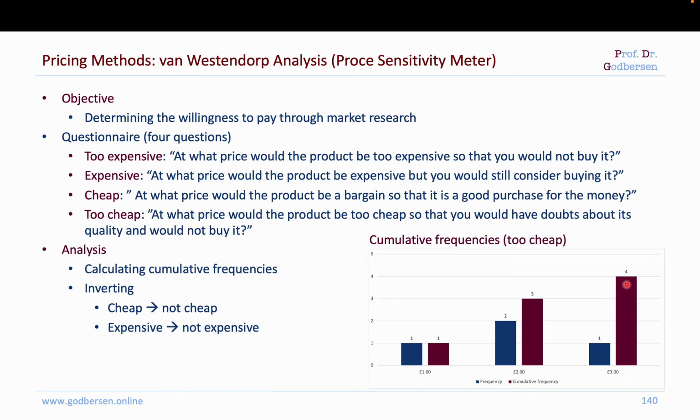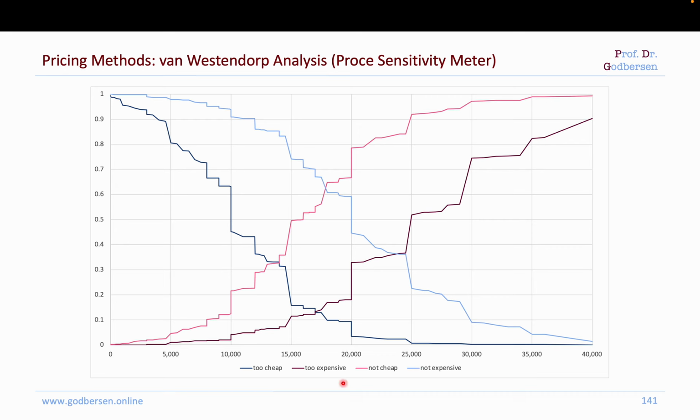Now to the results of the Van Westendorp analysis. You have your 4 variables: too expensive, expensive, cheap, too cheap. Or if you invert these, it's not cheap and not expensive. Too cheap comes from the top down, this line that goes from 0 to 40,000.